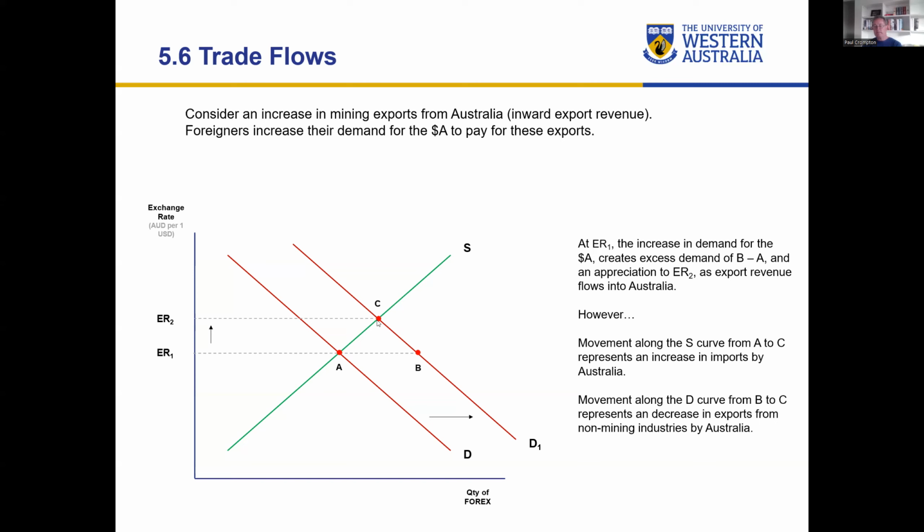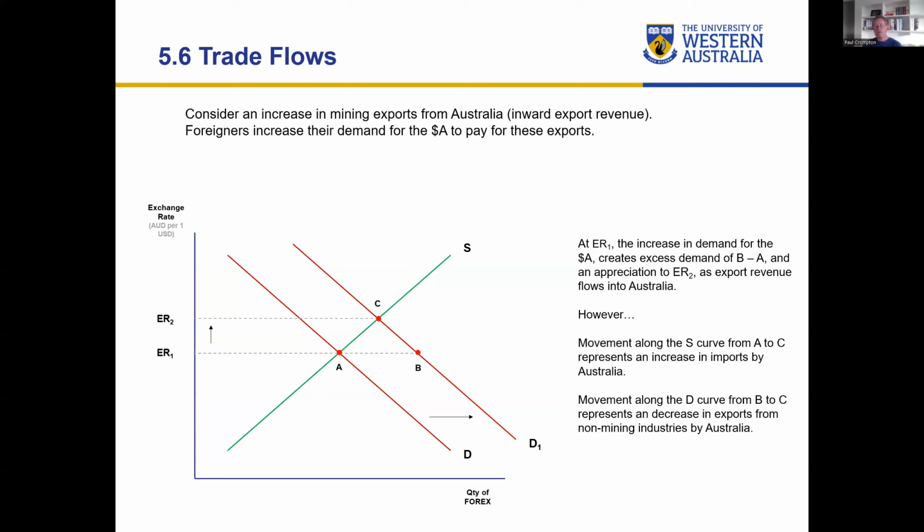And the reason they're being supplied is because you, me, and other Australians are supplying our Australian dollars at a higher exchange rate ER2 to switch our Australian dollars into foreign currency and buy imports. Because with the higher exchange rate ER2, we can take $1,000 Australian and now get far more units of foreign currency than we could when the exchange rate was ER1.